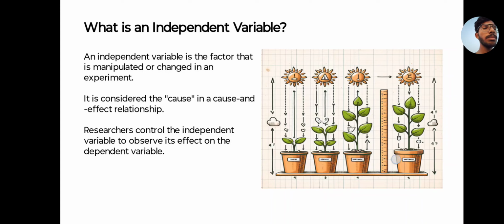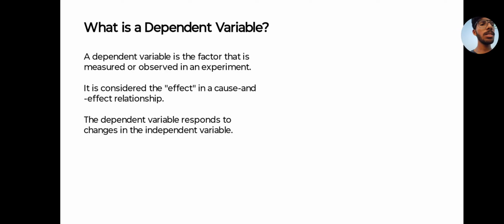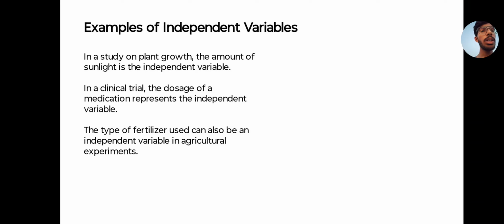Next, what are independent variables? In a study of plant growth, the amount of sunlight is the independent variable.